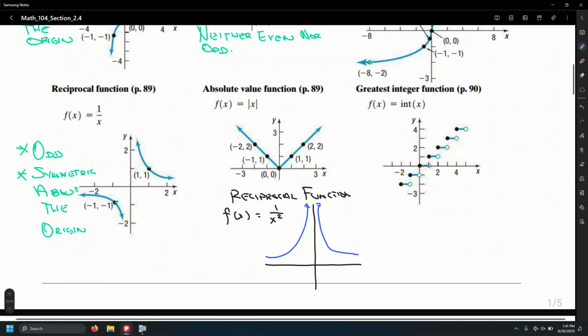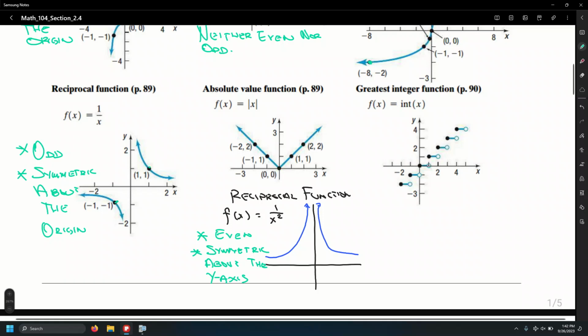Number one, by looking at this graph, even or odd? Even. Even? How so? Why so? Symmetric about the y-axis. So even. And that's symmetric about the y-axis.